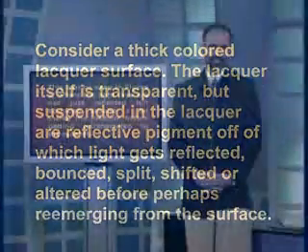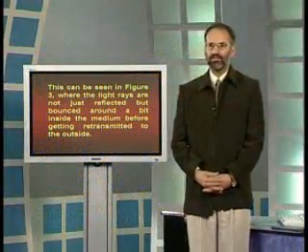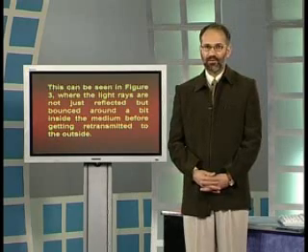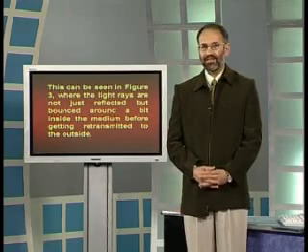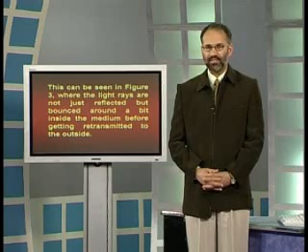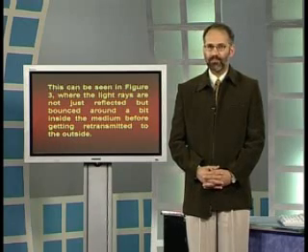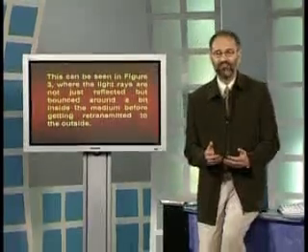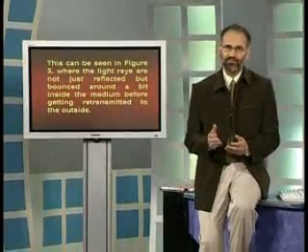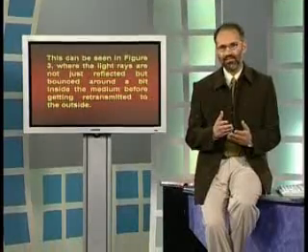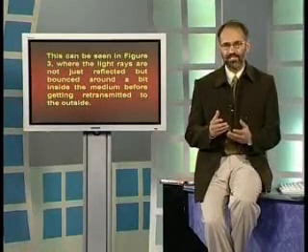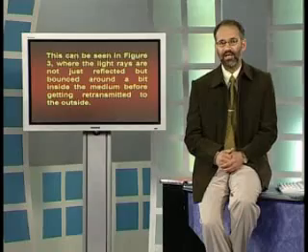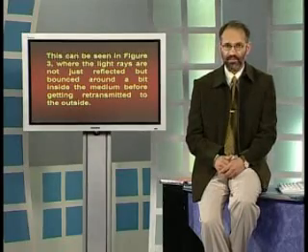So this would be seen in our next figure that we are going to show, how when we are talking about an incident light hitting a surface which has been lacquer coated, the light behaves, how it bounces and how it gets split and gets reflected multiple times, first from within the reflective pigment of the lacquer surface and then the surface lying underneath which has been lacquer coated.